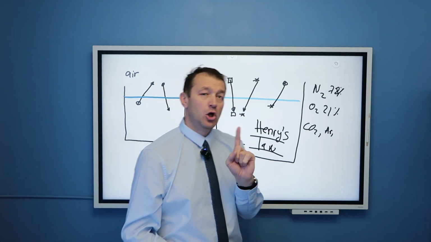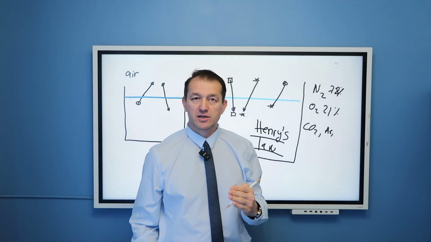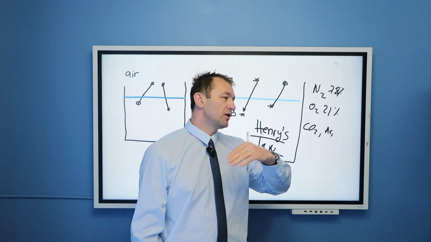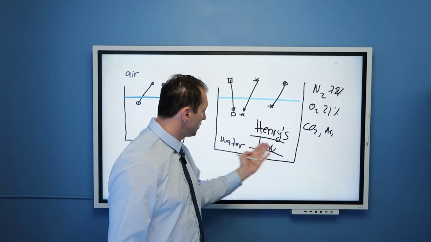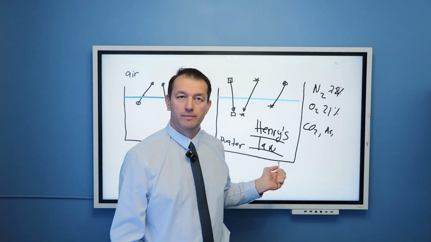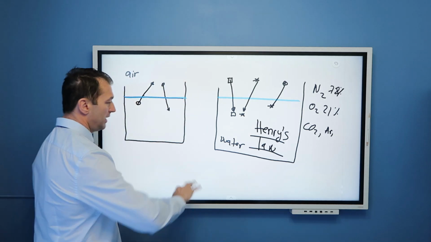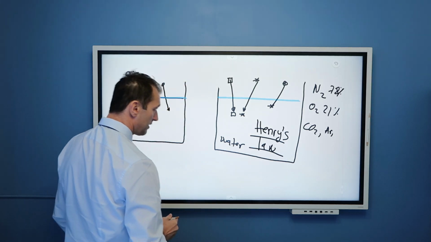Very important law, particularly if you are doing scuba diving. When you take scuba diving lessons, they will talk about Henry's law a lot, because if you do not obey Henry's law, you might die in scuba diving. So very important law, and you will learn more about it here.